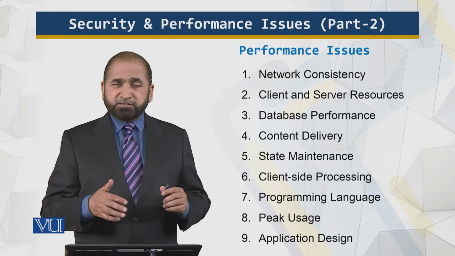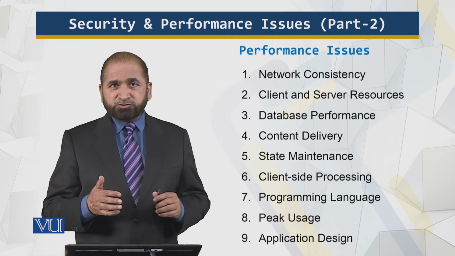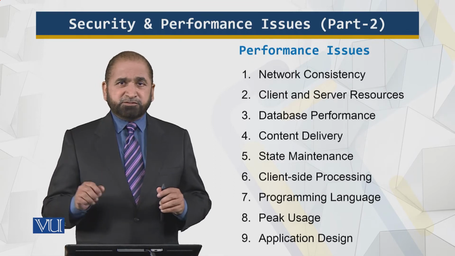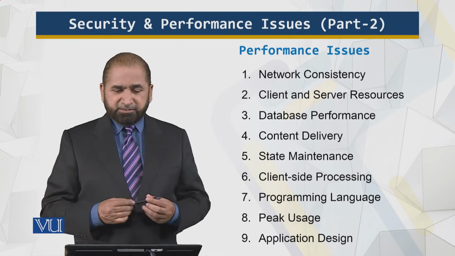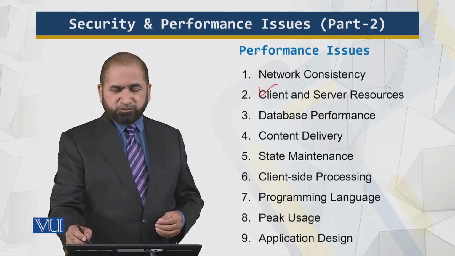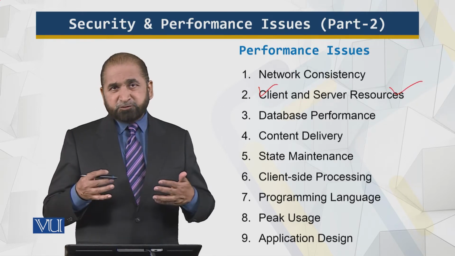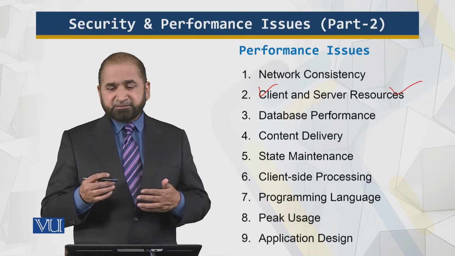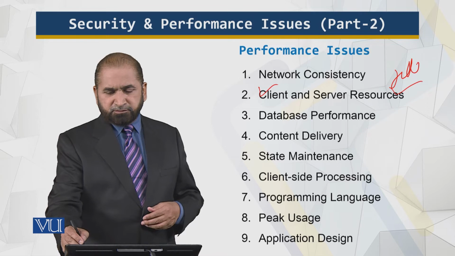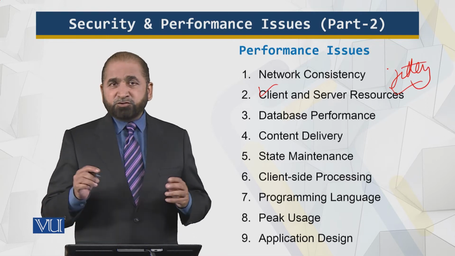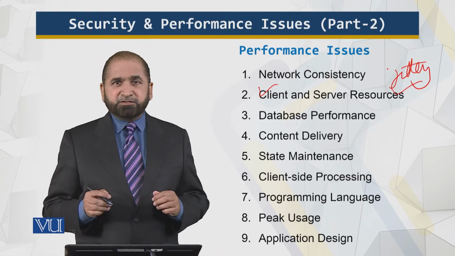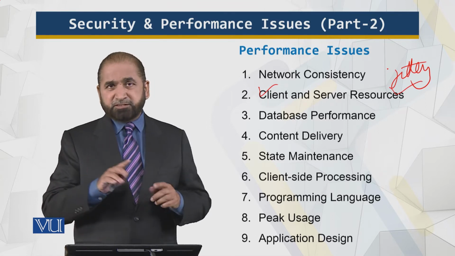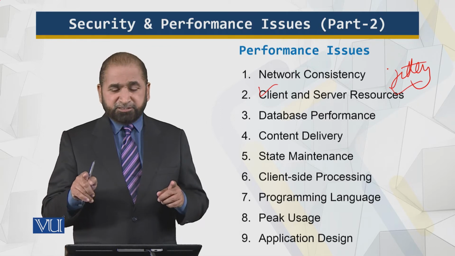So all of these issues are happening, and all of them affect the performance, because you may have the very best client and server resources over here, but if the in-between network traffic is not reliable, is jittery, then you don't get consistent performance, which is there in a traditional client-server, two-tier environment. That kind of shared network is not there.